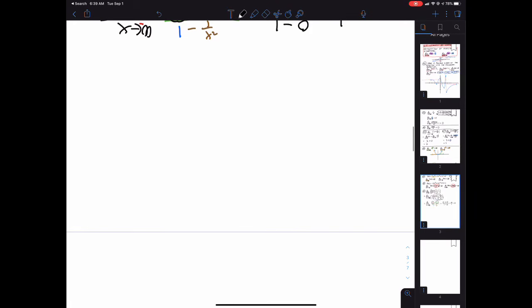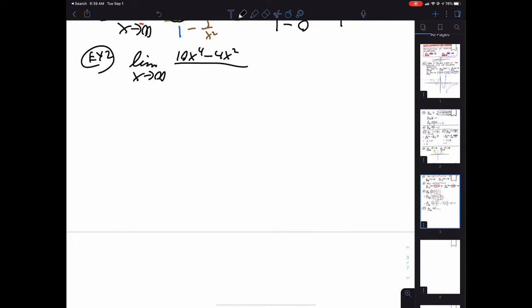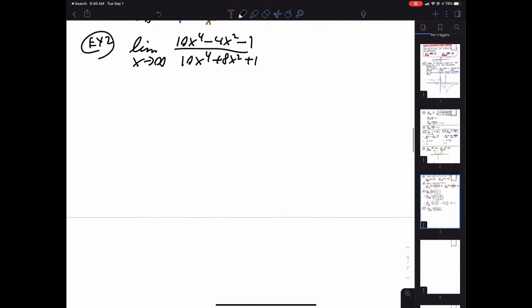So the next one, you can go ahead and copy this and try it yourself. The negative infinity, you're going to see that it's going to be the same. Whoops, that's a minus. So use the technique I used previously on that example.